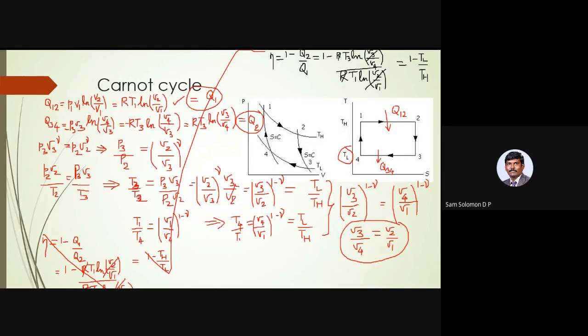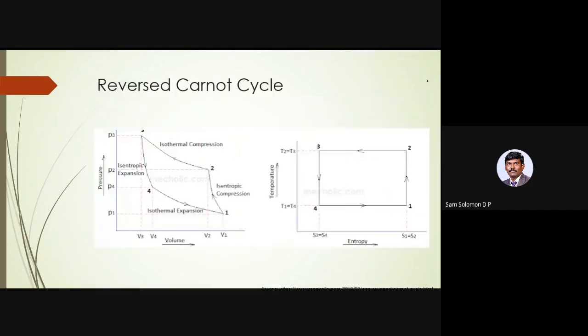Okay, and we also have a reversed Carnot cycle, the same picture, but the only thing is you can see that the cycle is reversed. So 1, 2 is isentropic compression, 2, 3 is isothermal compression, 3, 4 is isentropic expansion, and 4, 1 is isothermal expansion. And look at the arrow marks. The arrow marks are pointing in the anti-clockwise direction.